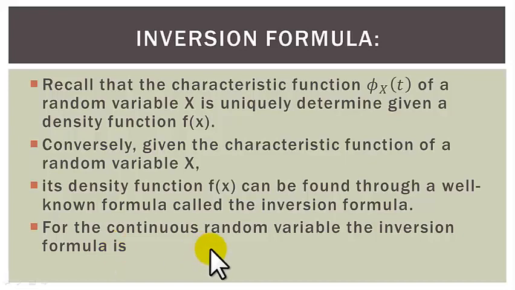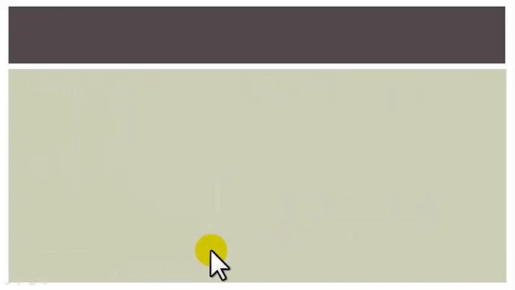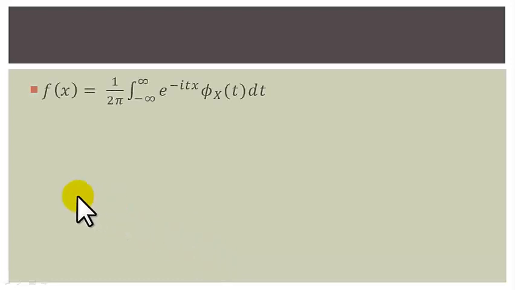For the continuous random variable, the inversion formula is this: f of x equal to 1 all over 2 pi, integral from minus infinity to infinity, exponent minus itx times the characteristic function, with respect to t.